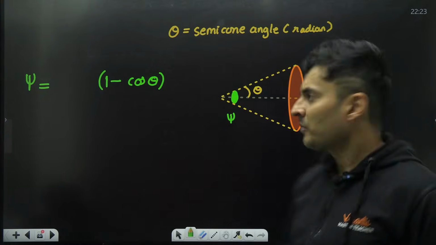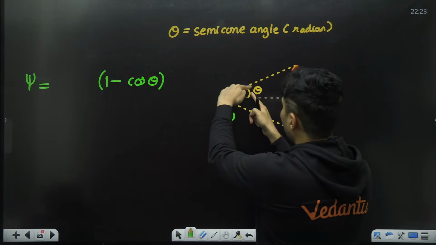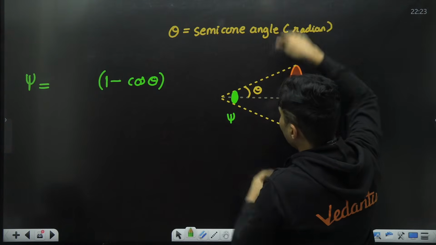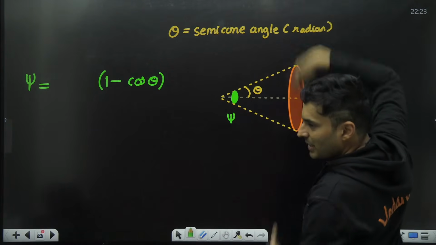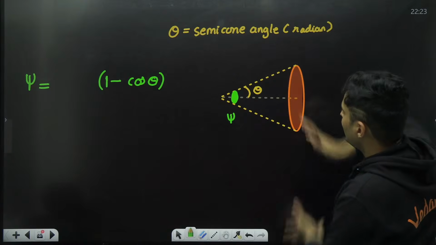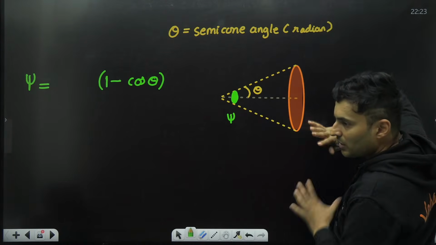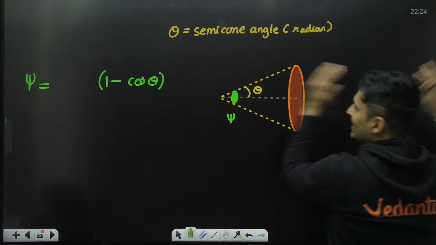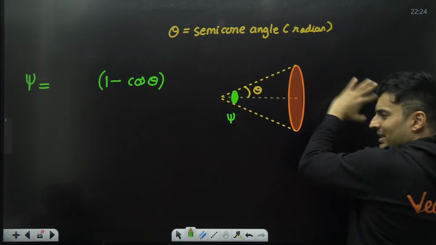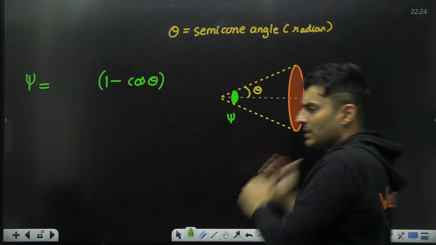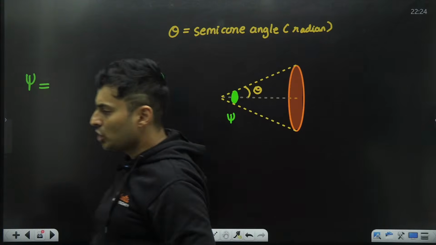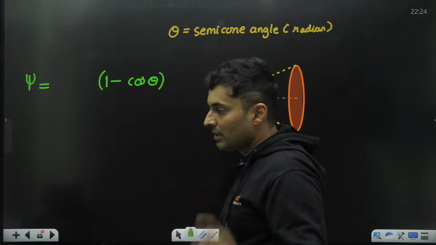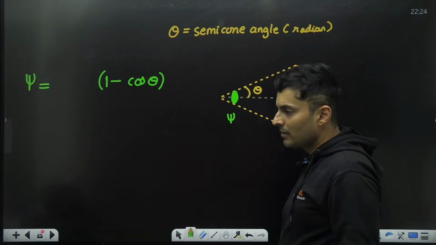Just think, if I make theta 90 degrees, then it will almost become like an infinitely large sheet on this side. So it will be one side of the hemisphere. So the answer should be 2 pi if theta is 90 degrees.